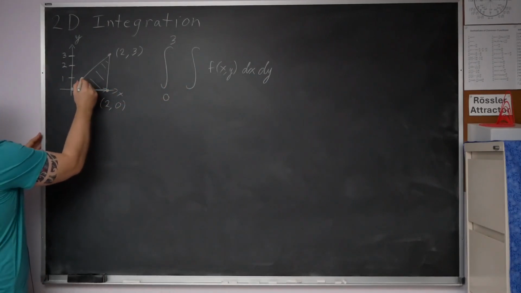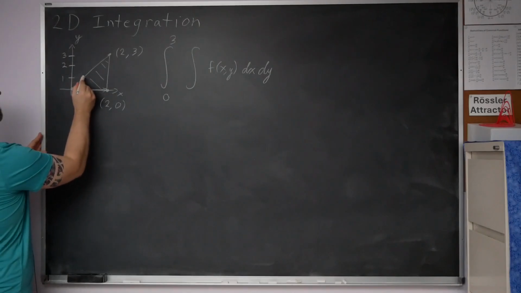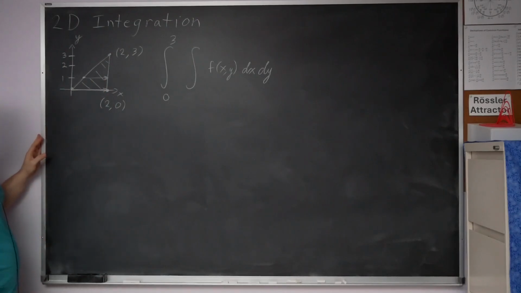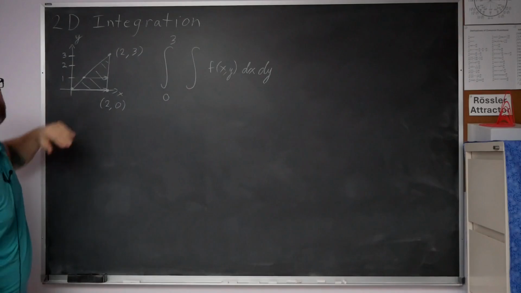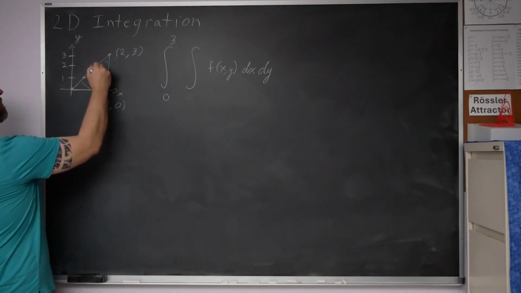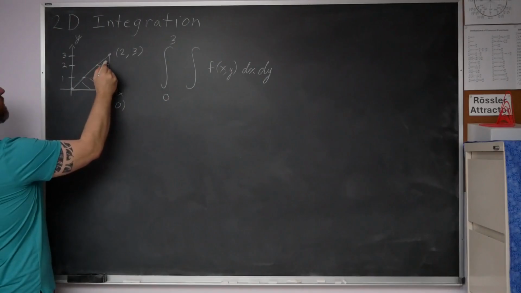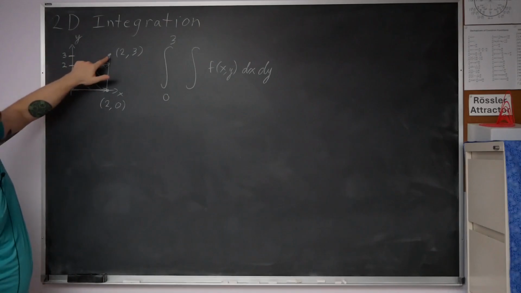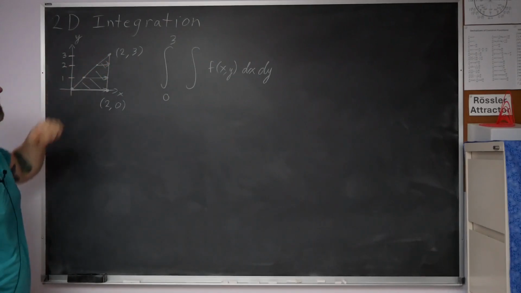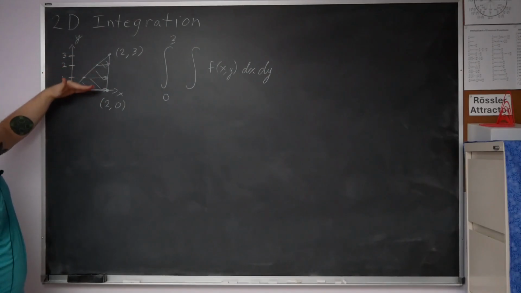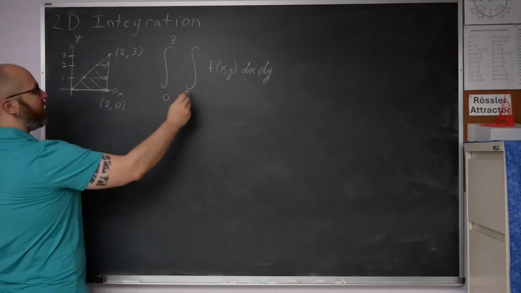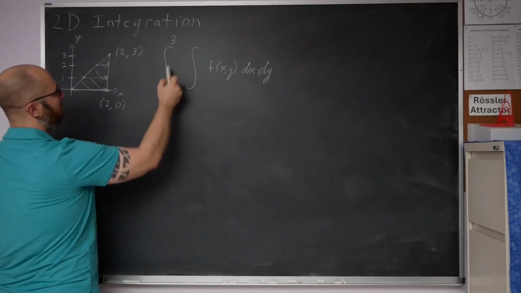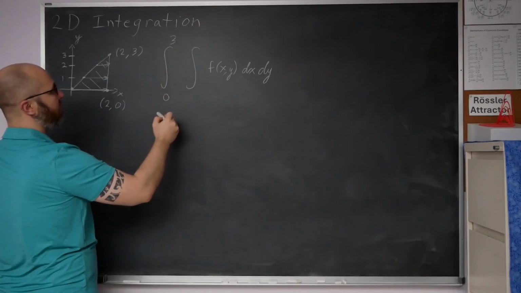Then x is going to go from this point to that point. What if y equals 2? Then x is going to start here and go all the way to here. And if y is equal to 3, x just goes from 2 to 2. It's a little dot. So somehow we have to put into these bounds that where x goes from is actually dependent on the y value being integrated on the outside.